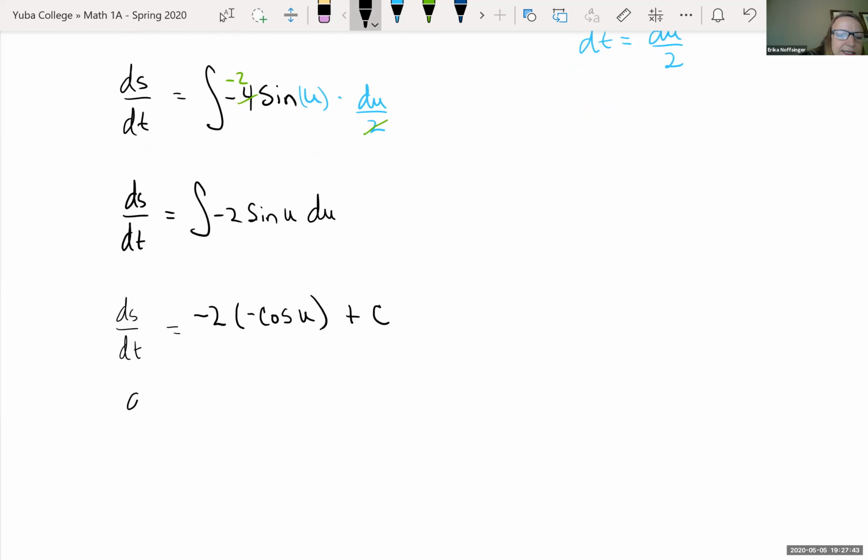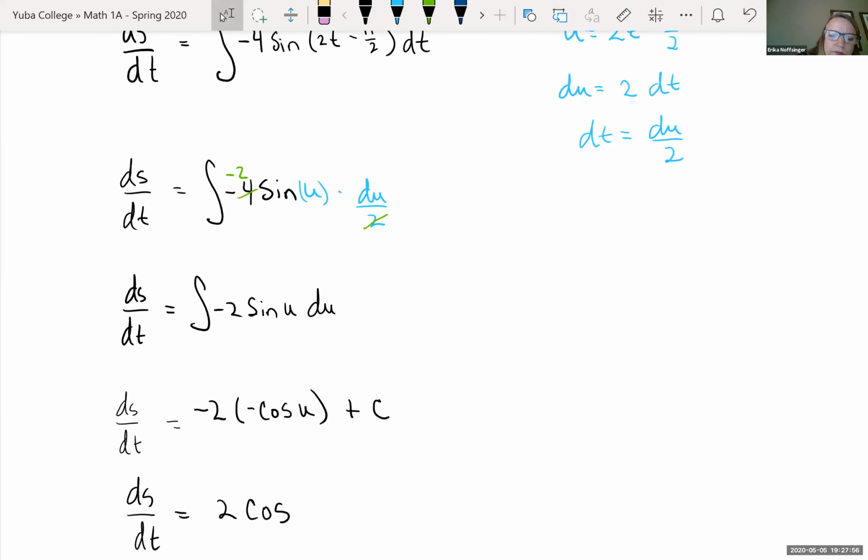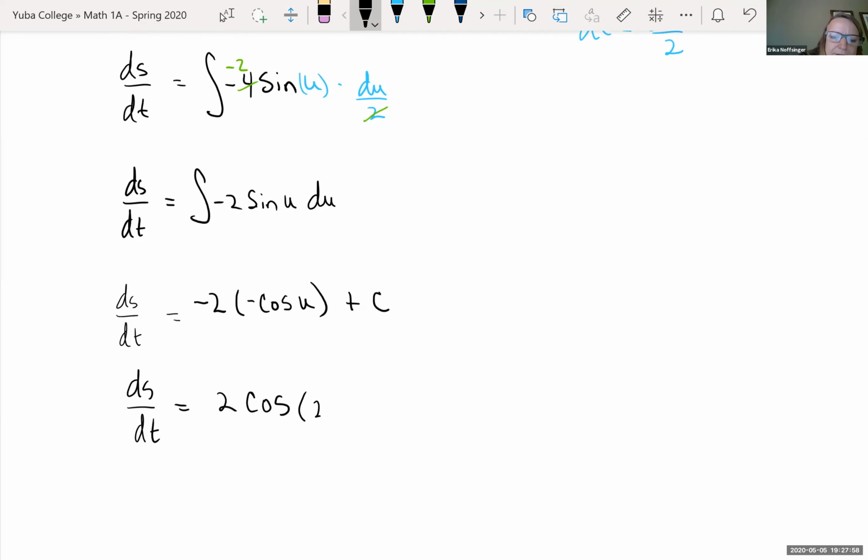So we have ds dt is equal to positive 2 cosine of u, but u was this 2t minus pi halves, plus c.